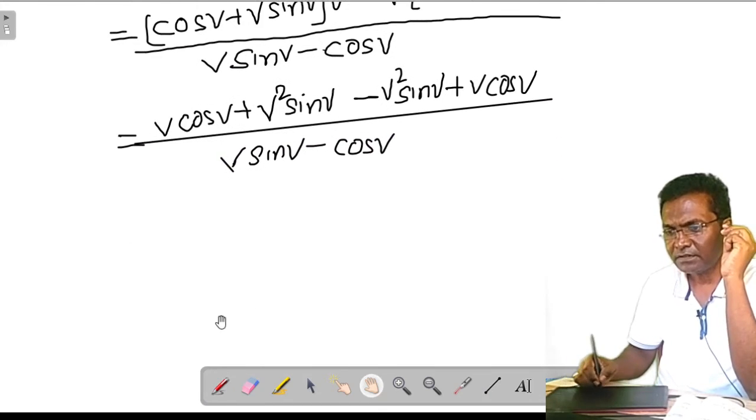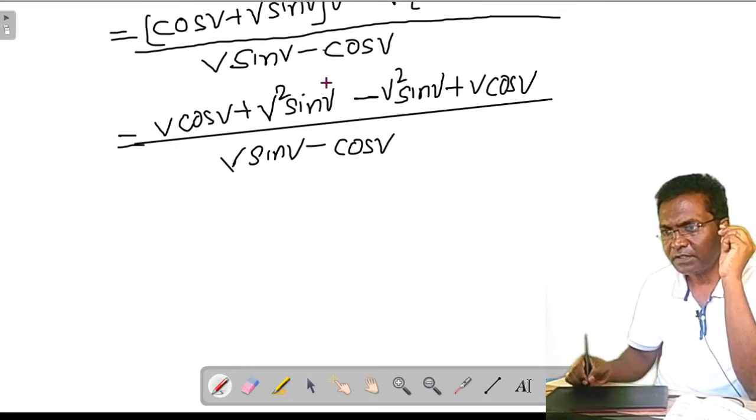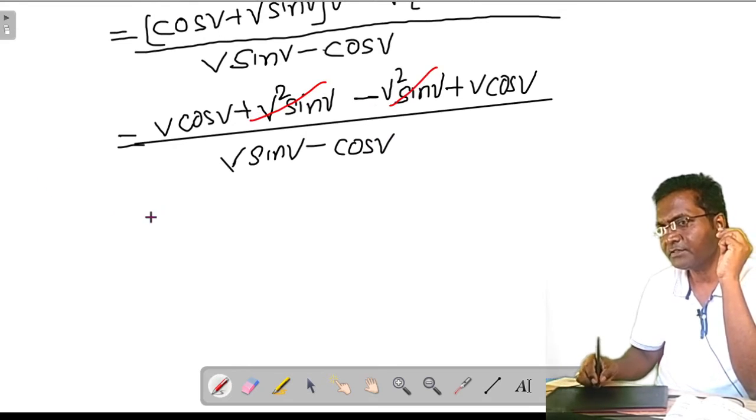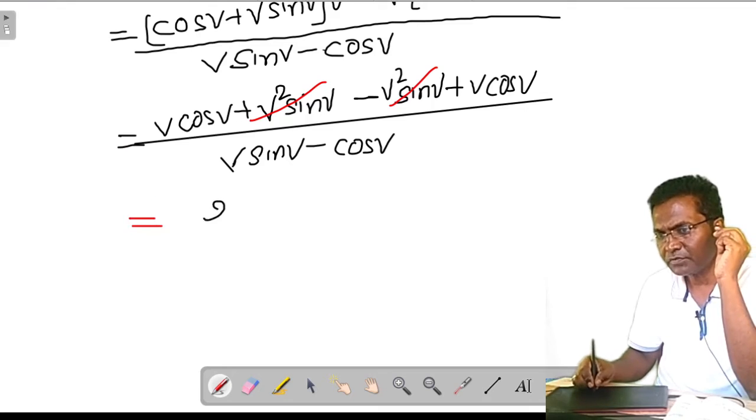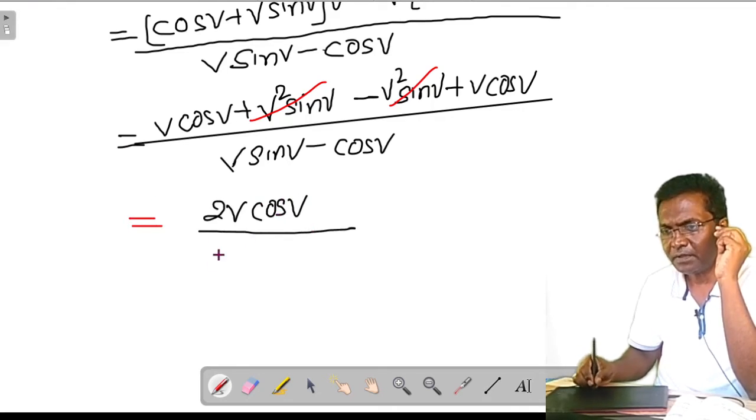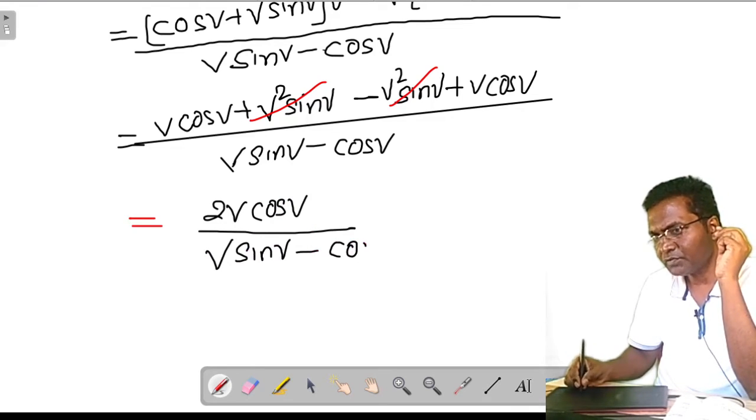Okay, so here v square sin v cancels. v cos v plus v cos v is 2v cos v divided by v sin v minus cos v.